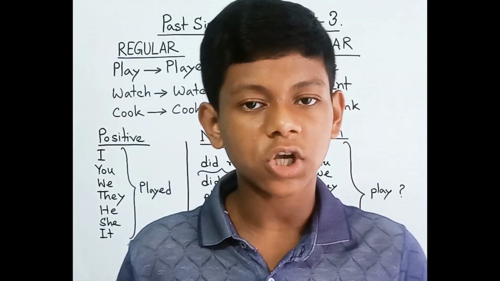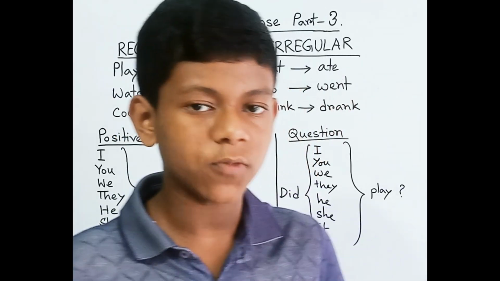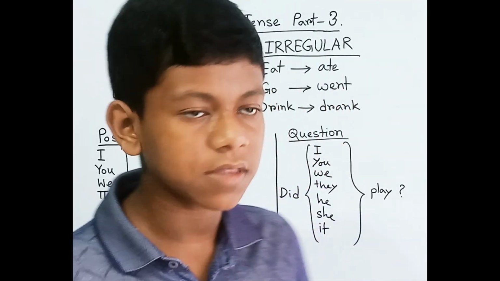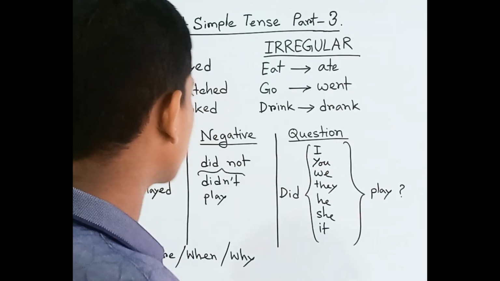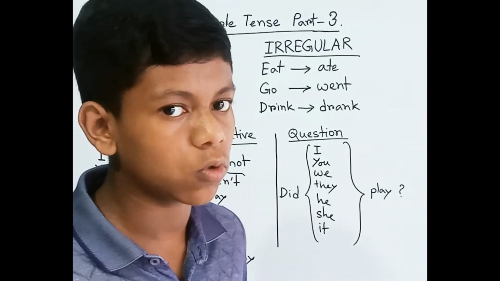Before starting, I want to share with you that in English there are two kinds of verbs when we use the past simple tense: one is regular and the other is irregular.